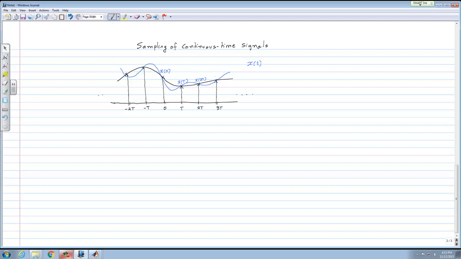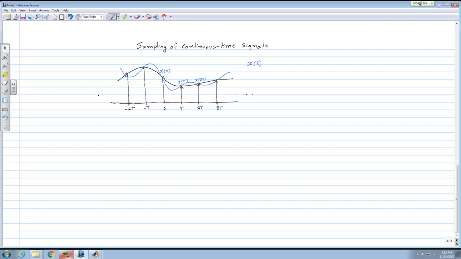If I just gave you the values at these integer multiples of capital T, there is no way to distinguish whether these samples came from the black signal or the blue signal. Does it make sense? So you cannot really recover your x of t.